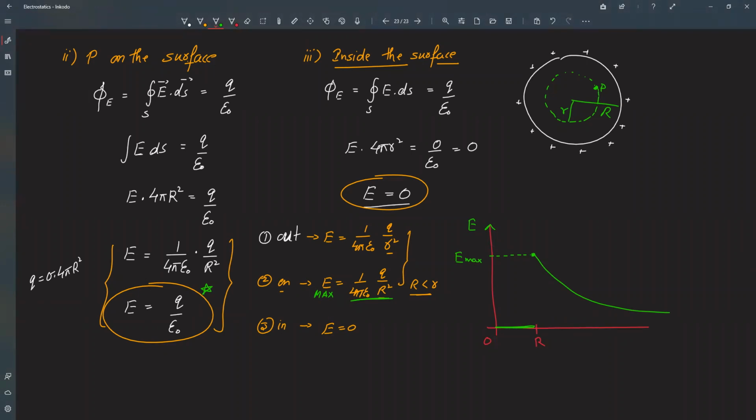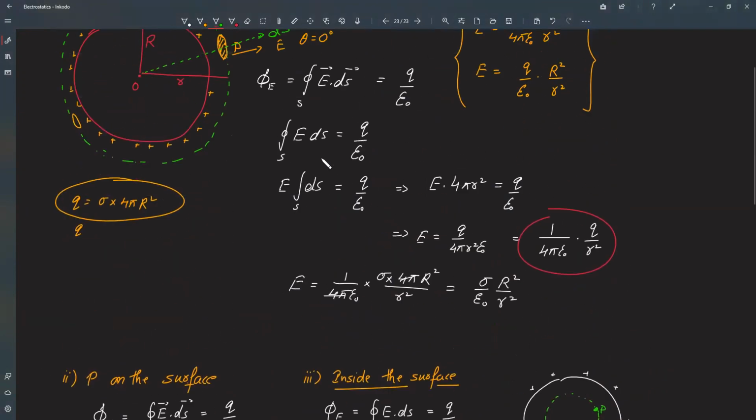That means there won't be any electric field inside the shell or hollow cavity. So that is an important point actually.